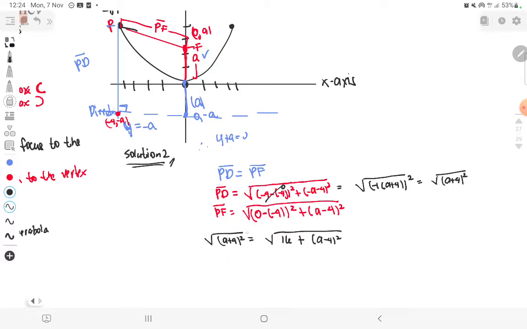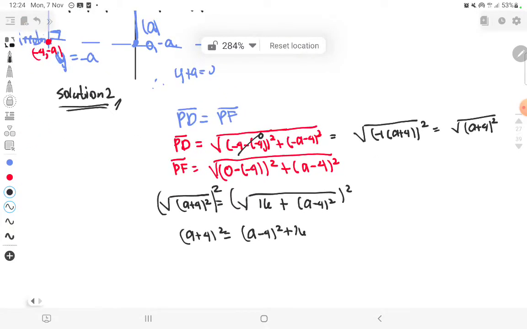If we square both sides, we'll have a plus 4 squared, which is equal to a minus 4 squared plus 16. So if you square both sides, we will have a squared plus 8a plus 16, which is equal to a squared minus 8a plus 16 plus 16.